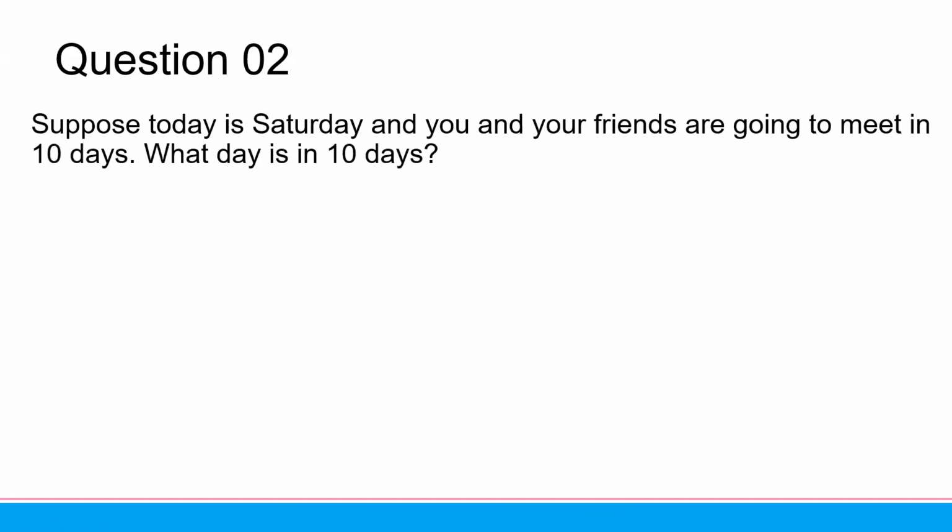Okay, then how can you put this in your code in Java? We have Saturday, and the next 10 days, yeah, we can calculate the next 10 days is Tuesday. But how can Java know that the next 10 days is Tuesday?